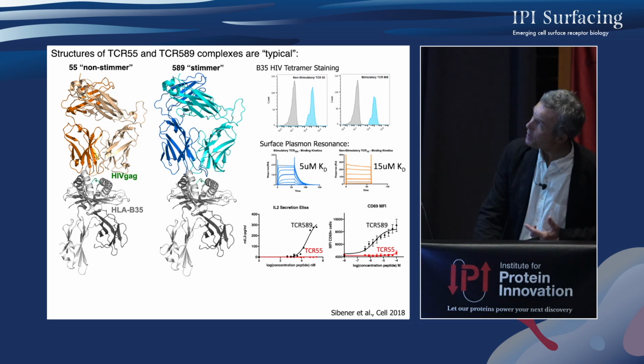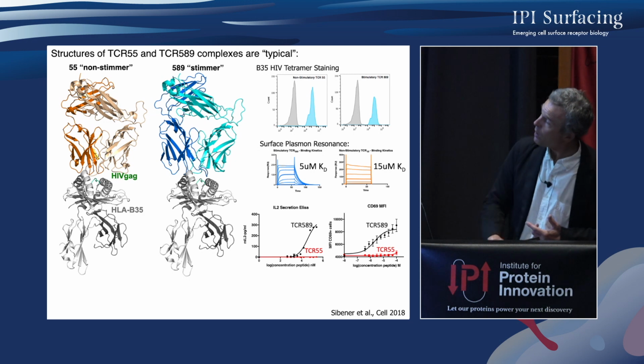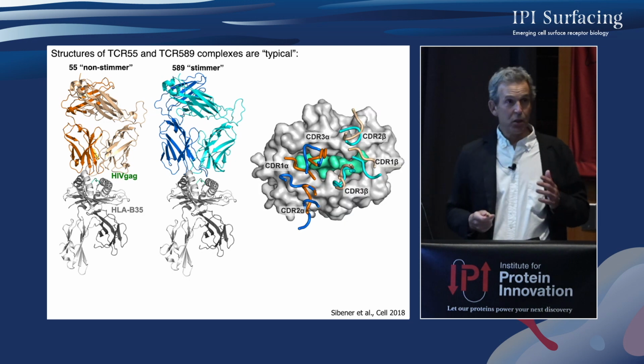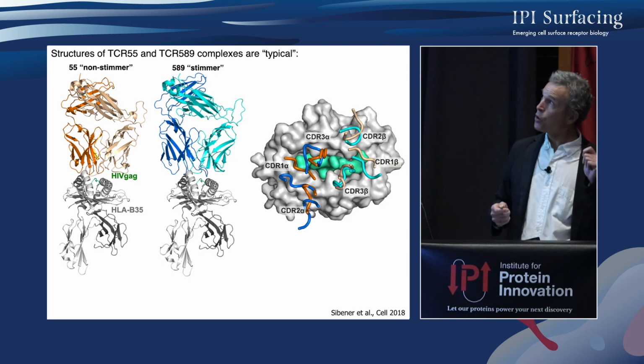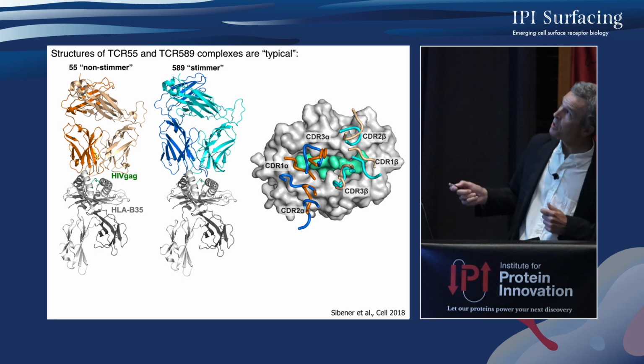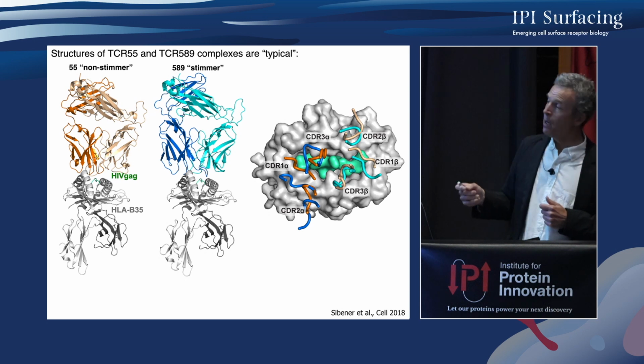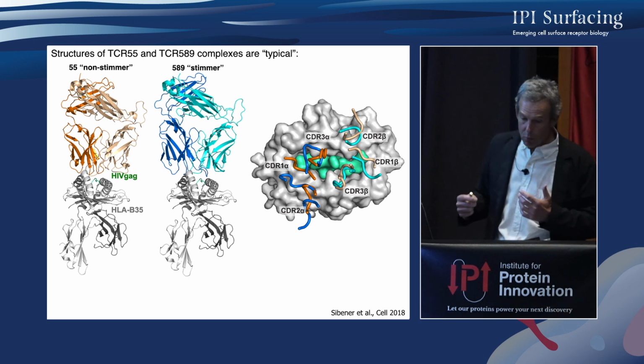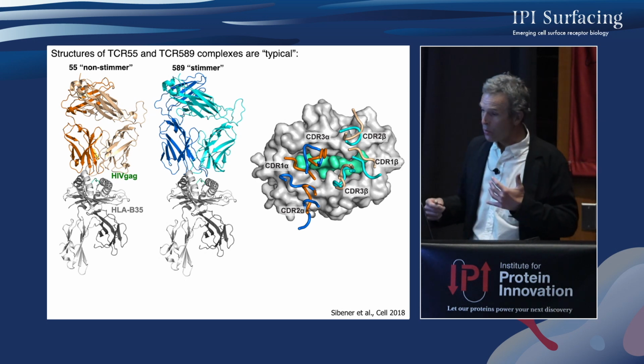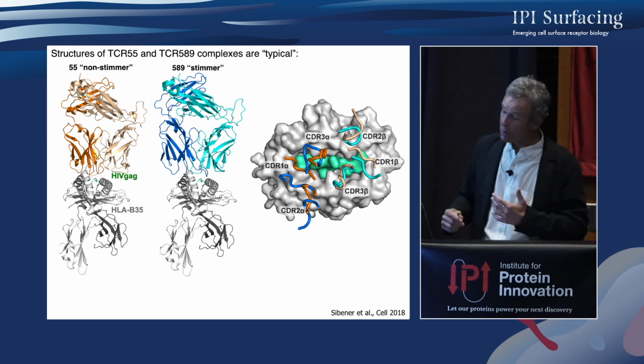What we did was we took our yeast peptide MHC libraries and we screened against the non-stimmer TCR, and we recovered agonist peptides. There's the HIV peptide. These are now agonist peptide mutants that are turning this T cell receptor on. And we collaborated with Brian Evavold, another person who does biomembrane force probe measurements.